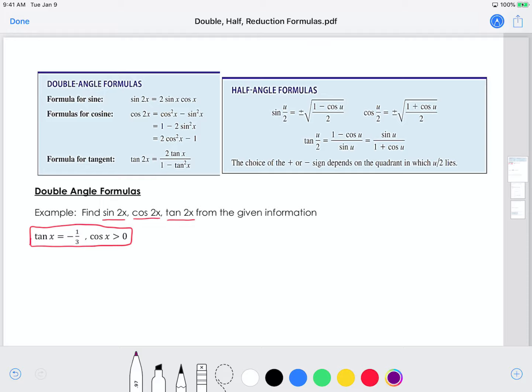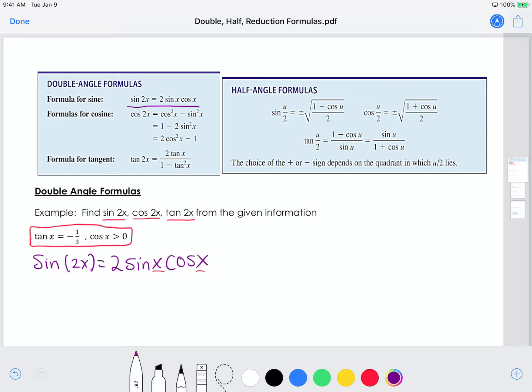So if you look at the first part, we have to do sine 2x first. So I have sine 2x, and using our formula up here in the shaded blue box, 2 times sine x cosine x. So in this problem, we're trying to evaluate sine of 2x, but we're using the angle x to do that.